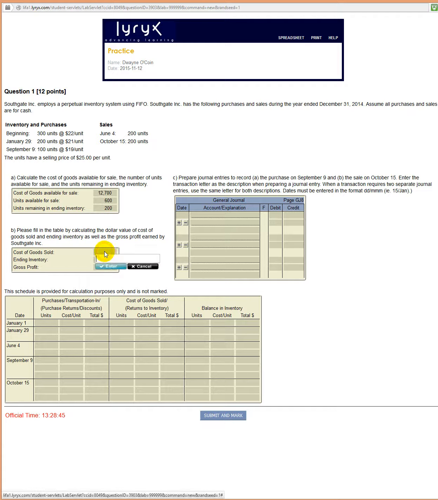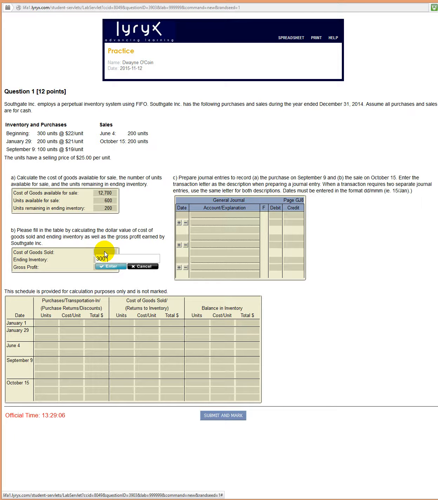Our cost of goods sold under FIFO is the oldest material is sold first, and the newest material is in ending inventory. So we have 200 units in ending inventory. We had 600 available for sale, so the 400 units that were sold are the oldest 400 units.